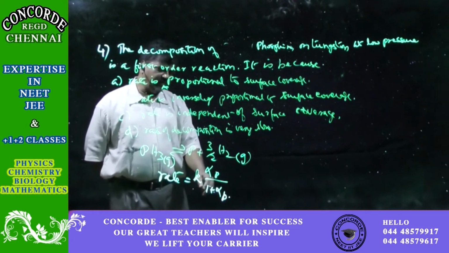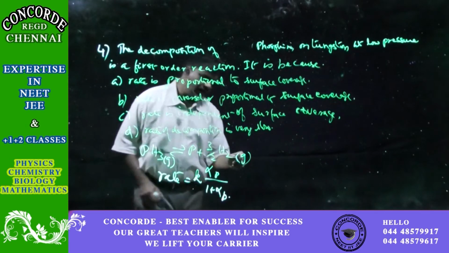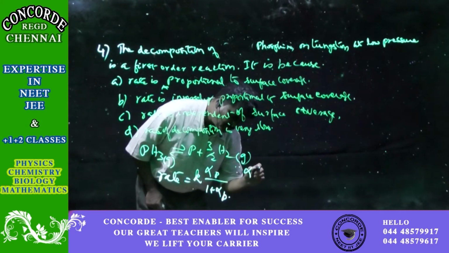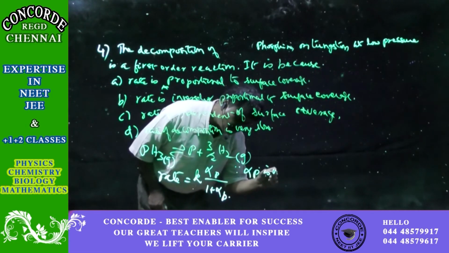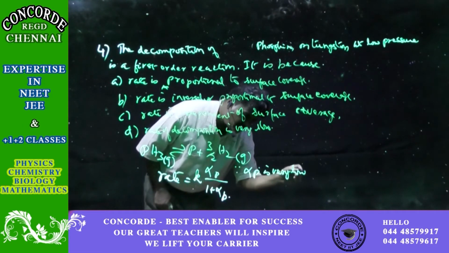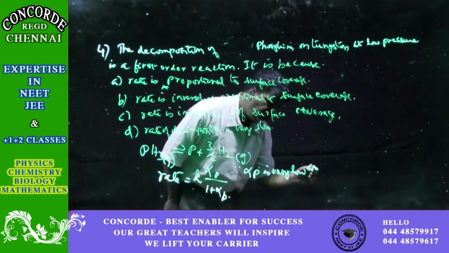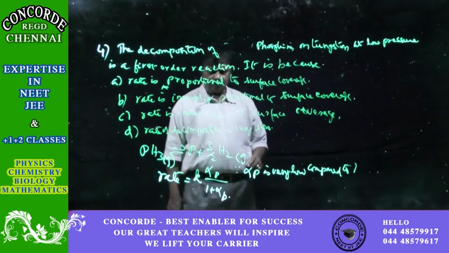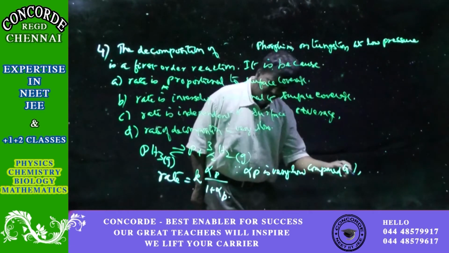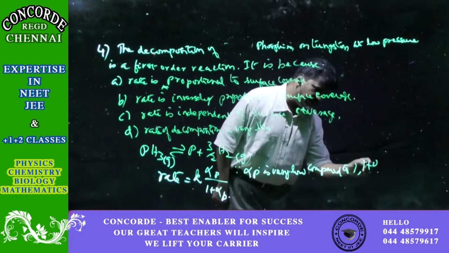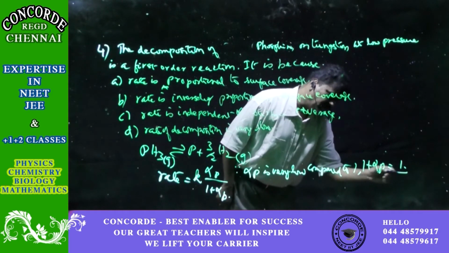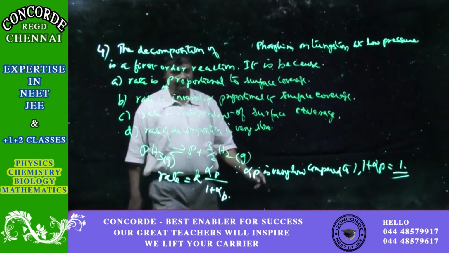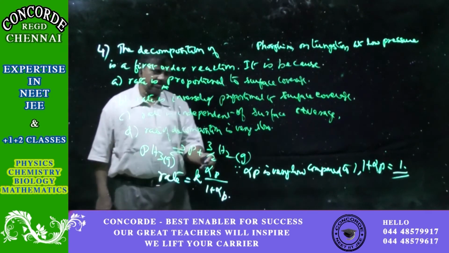Since alpha P is very low compared to 1, the denominator 1 plus alpha P is literally 1. So alpha P is a very, very low value, and 1 plus alpha P is equal to 1.